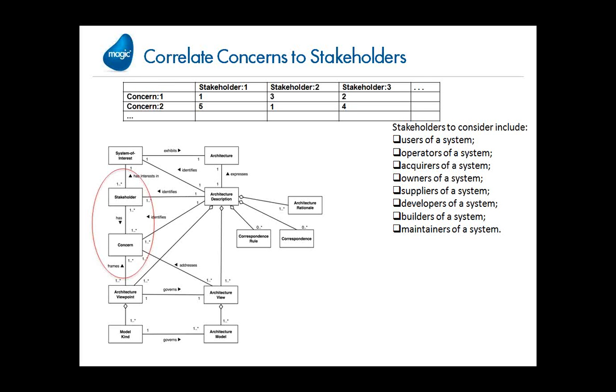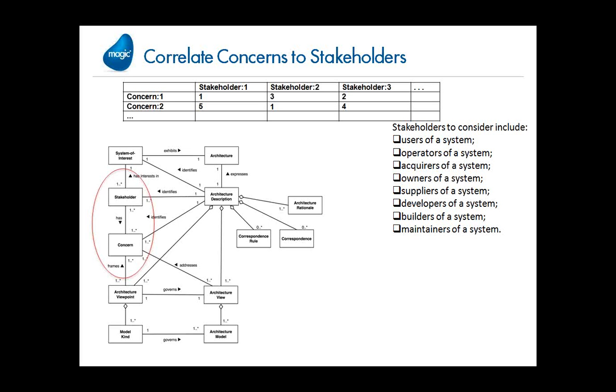So that's been useful. Now, the stakeholders that you need to consider, of course, are everybody from the users and the operators to the people who are buying the system, the owners of the system, the people who are supplying it, the developers, the builders, and the maintainers. So think of stakeholders in multiple dimensions because it all relates to this.